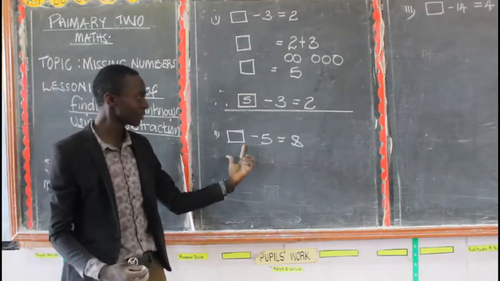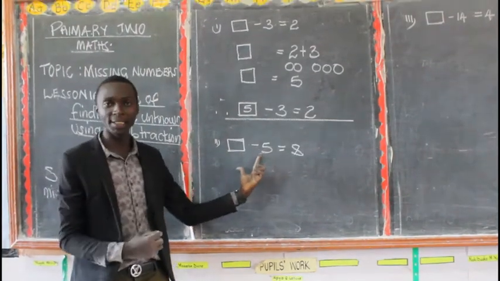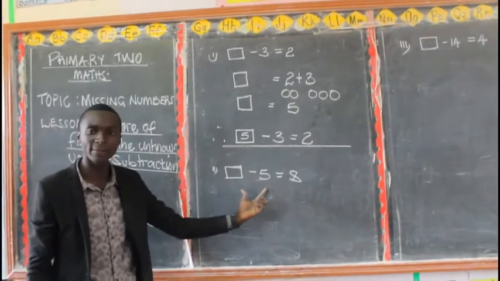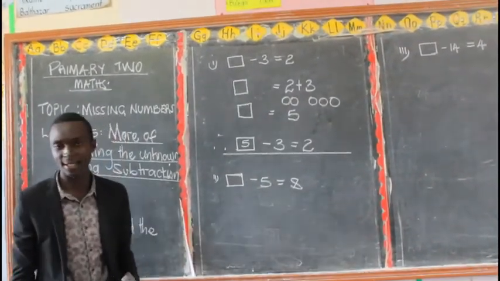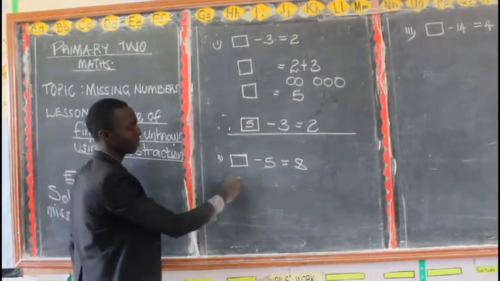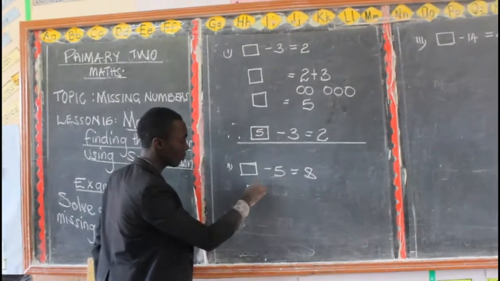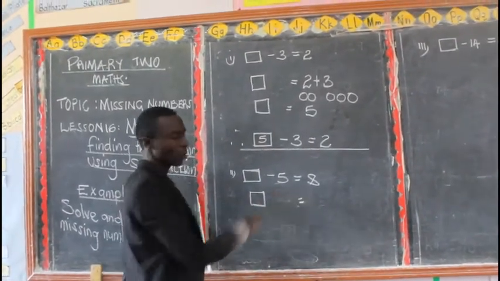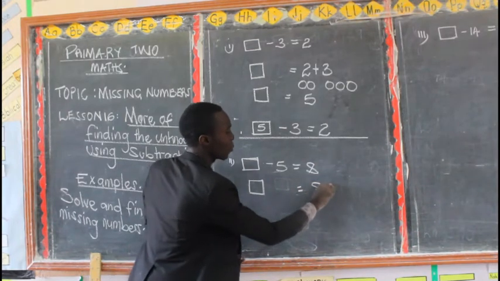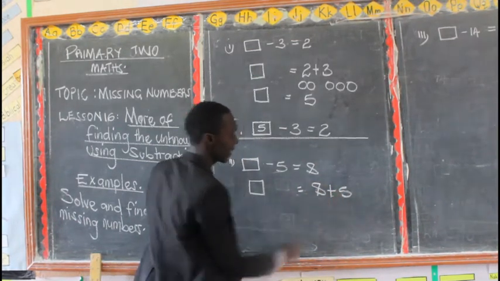There is a number. When you subtract 5 from it, you will get 8 as the answer. What is that number? Do as I said in the first example: the box will be equal to, since here we are subtracting, this side you add plus 5.